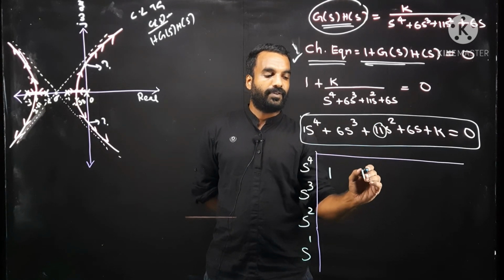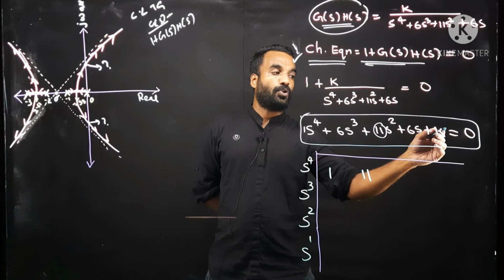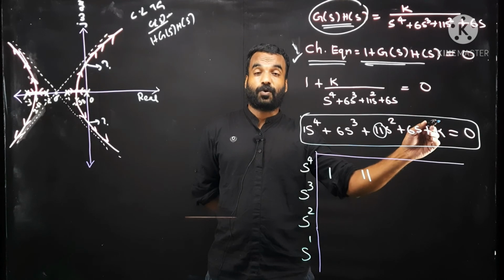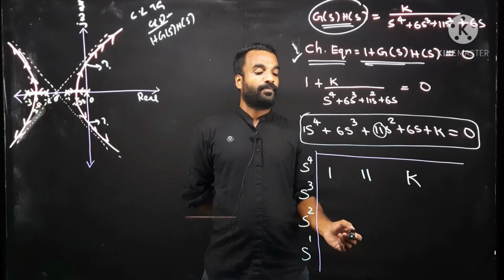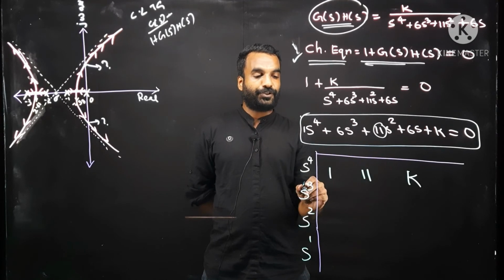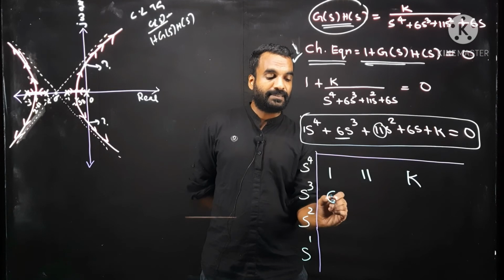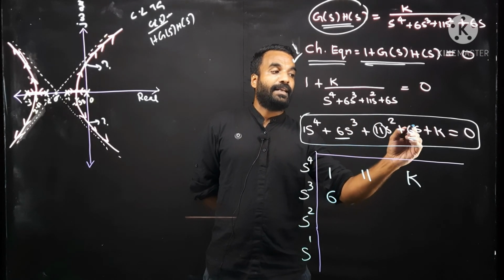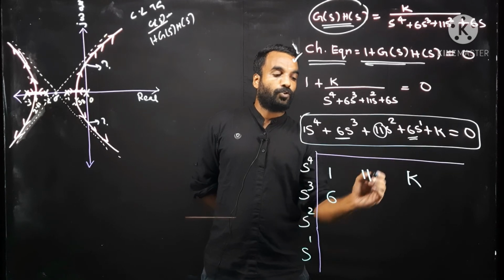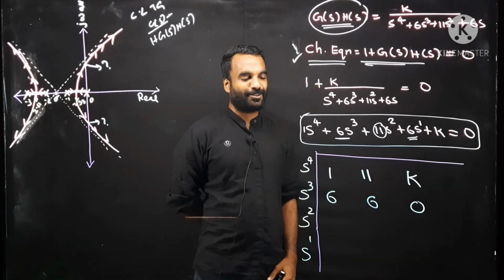Then the alternate term, the constant term s^0, that is k. On the other line, s^3, the coefficient is 6. Then the alternate term s^1, that is also 6. Then no term, so put 0.